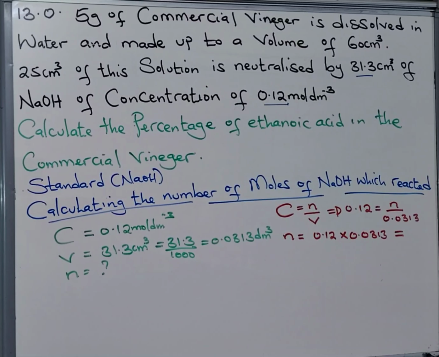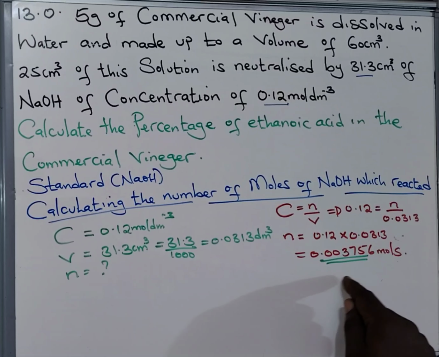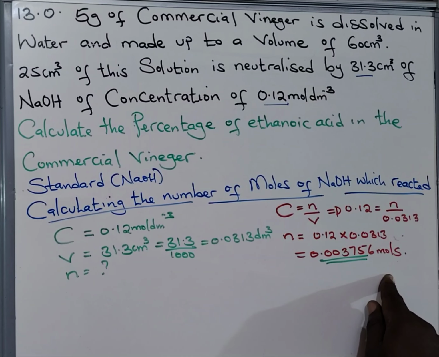Now, the moment you reach this step, you are going to link this one with the number of moles of the ethanoic acid which reacted. So what are you going to say? We are going to say calculating number of moles of ethanoic acid which reacted. You don't say calculating number of moles of vinegar because vinegar is a mixture.